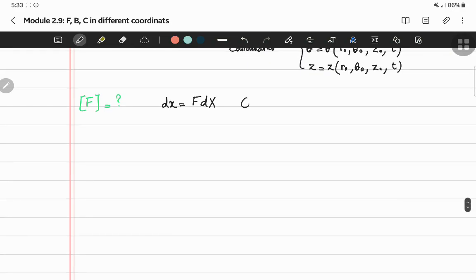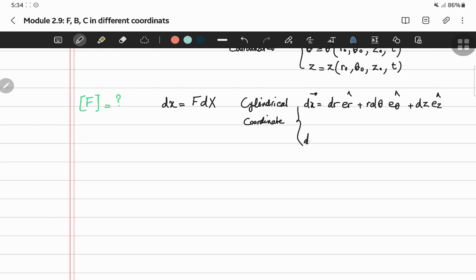And for the cylindrical coordinate, we basically had dx as a vector: dr er plus r d theta e theta plus dz ez. dX was dR0 eR0.